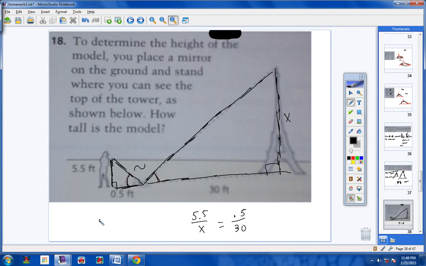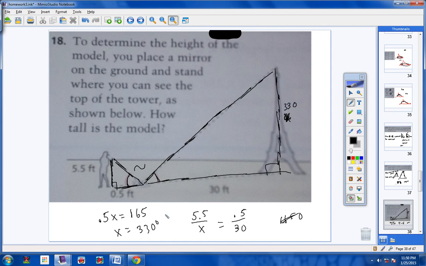So 0.5 times x is 0.5x, and 5.5 times 30 would be 165. Now divide both sides by 0.5 and you will get 330. So now you know the height of this model Eiffel Tower located in Virginia, 330.